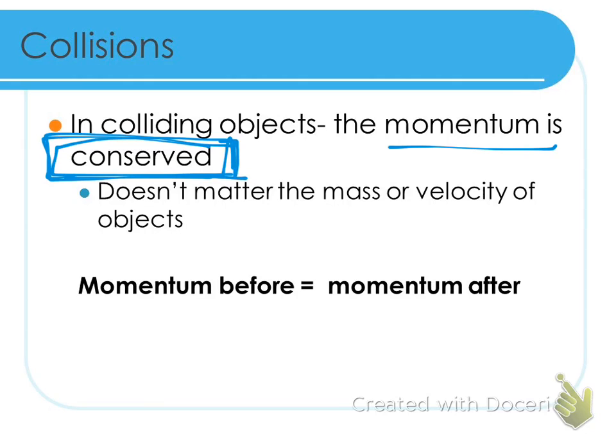It doesn't matter the mass, velocity of either object. There's always a conservation of momentum. So what that means is that the momentum before is equal to the momentum after, and that's of each individual object. Okay? So I'm going to show you the equation first here for elastic collisions.